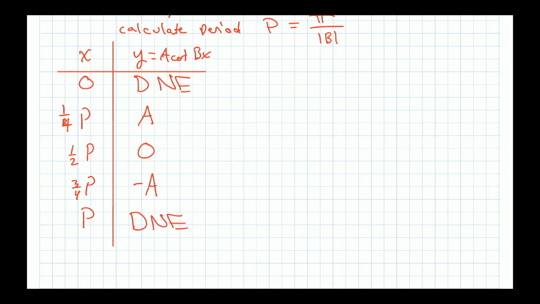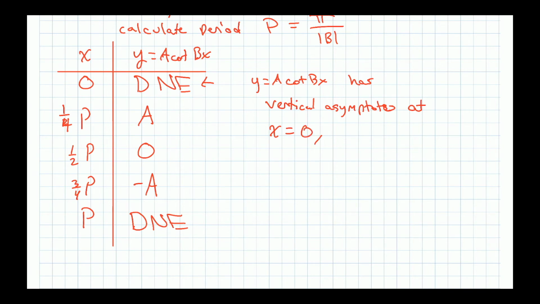All right, and we can summarize the information too. We can say that y equals a cotangent bx has vertical asymptotes at what x values? Well, 0, right? Because I can see right there. The next one is at the period, right?